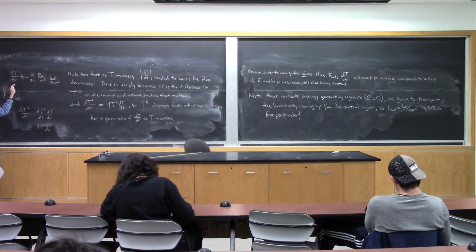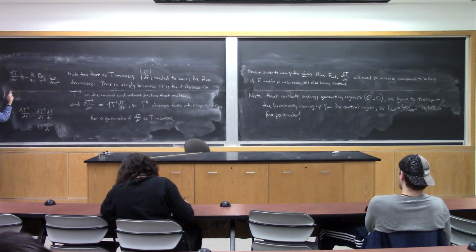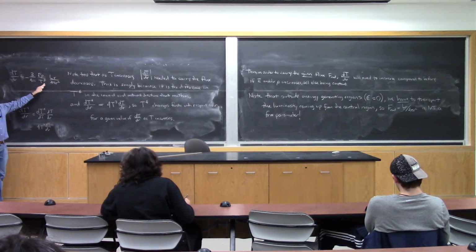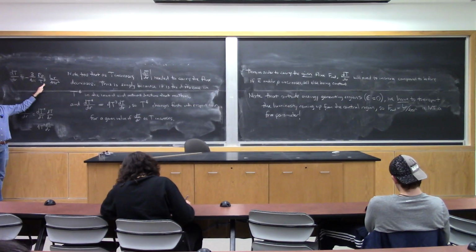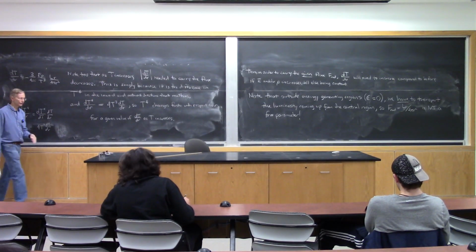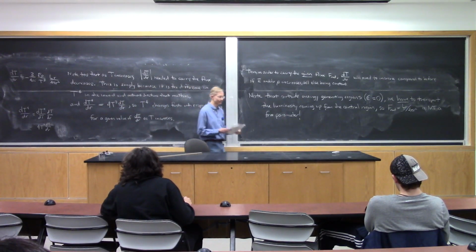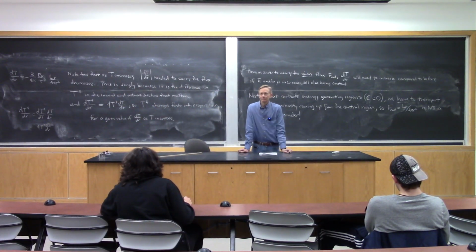that how much dT/dr you need, so to speak, to carry the flux gets smaller, because as the temperature increases, a given dT/dr would carry more flux. So you don't need as much dT/dr to carry the given flux if the temperature is higher.